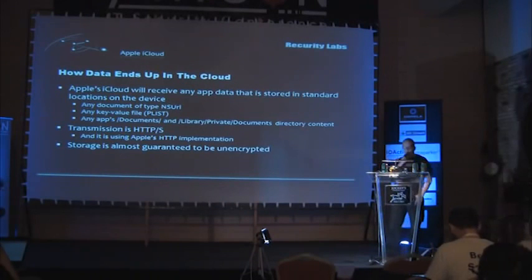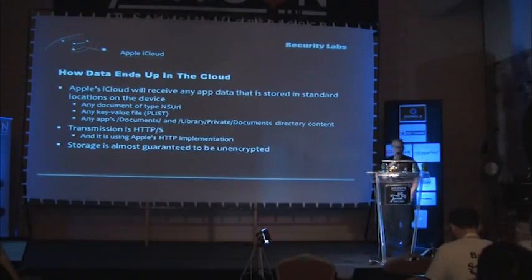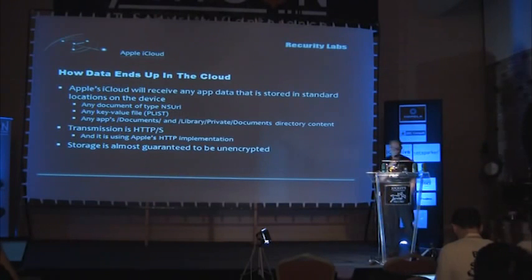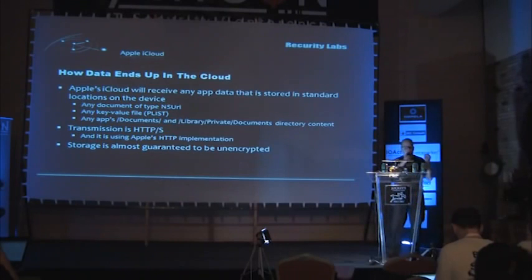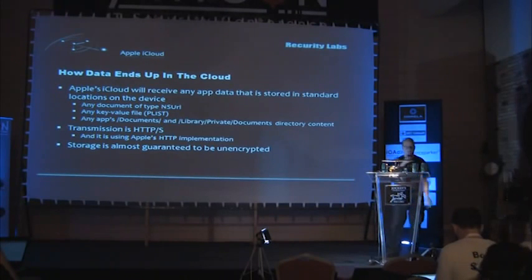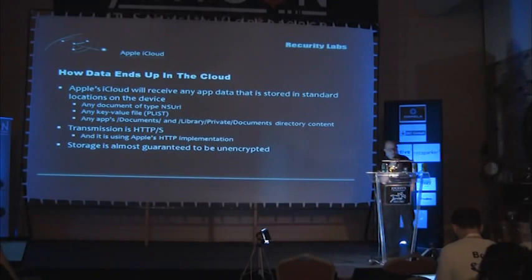Now, how does your data end up in Apple's cloud? Obviously, you will have to switch on iCloud, which very expensive TV advertisements will continuously tell you to do. And also, if you update over the iTunes interface, if you did an operating system update, you will find that iCloud is suddenly turned on lately.